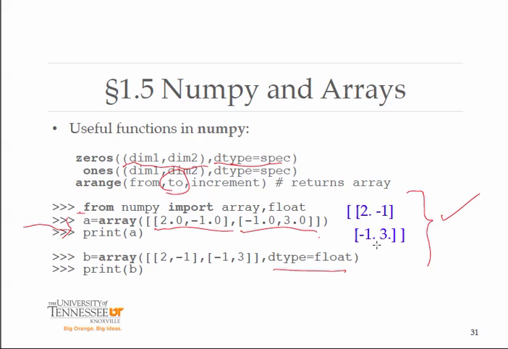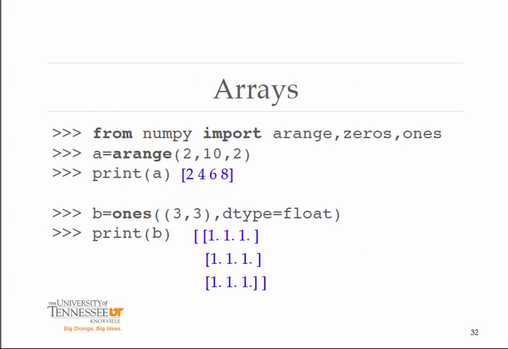Also notice there are no commas here. It's very important. Notice that arrays will not have commas. It'll be more like a matrix. When you were taking a linear algebra class, for example, you don't ever put commas when you're describing it. So there won't be any commas associated with arrays from Numpy.